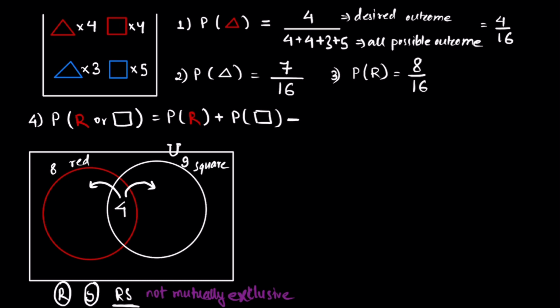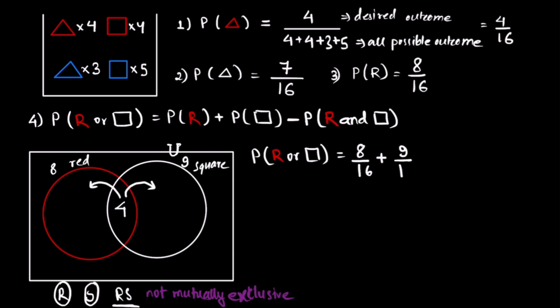So you have to remove the probability of getting red and a square. Again, what is the probability of getting red or a square? The probability of getting red is 8 out of total, which is 16. The probability of getting square is 9 out of total, which is 16.